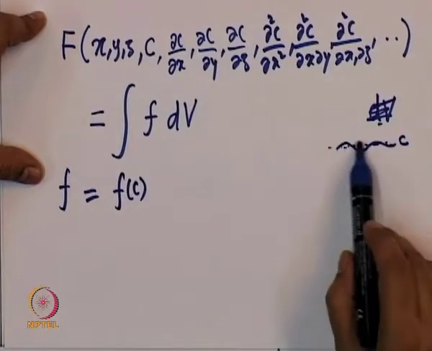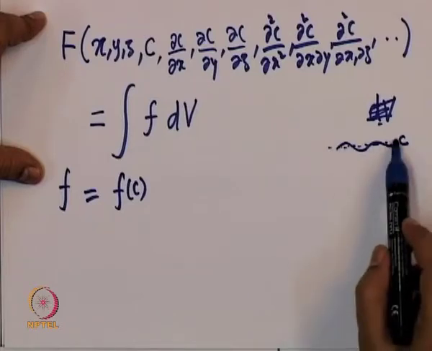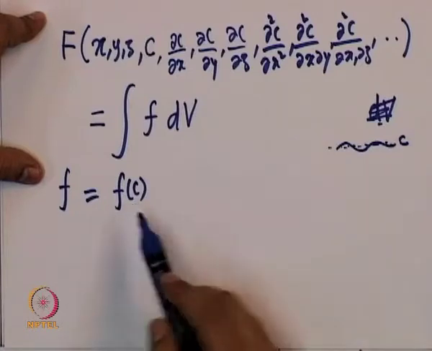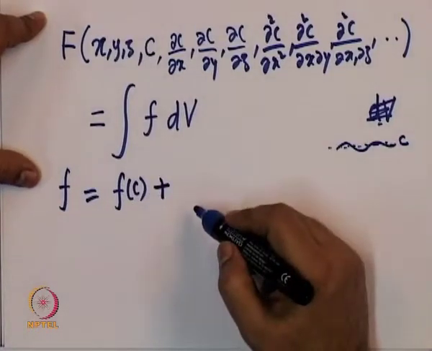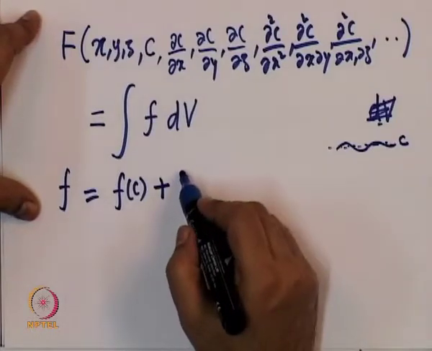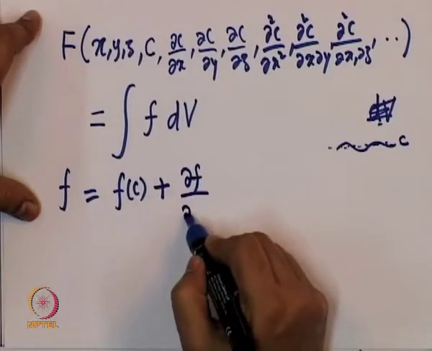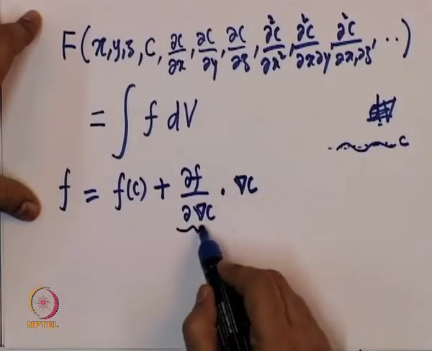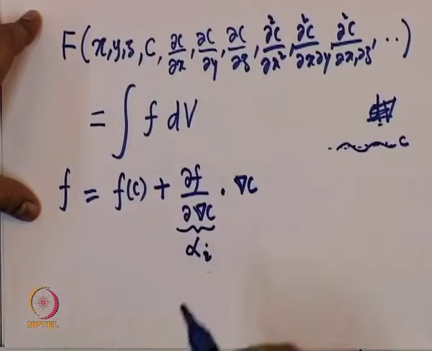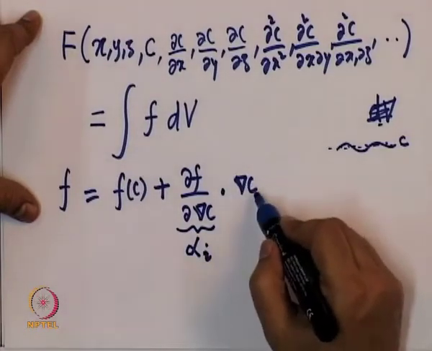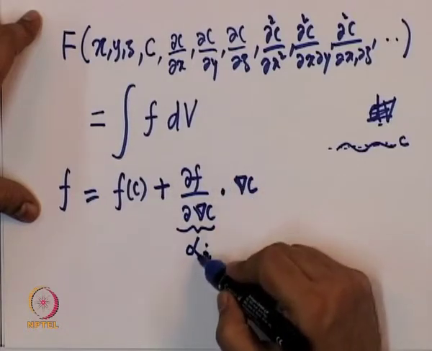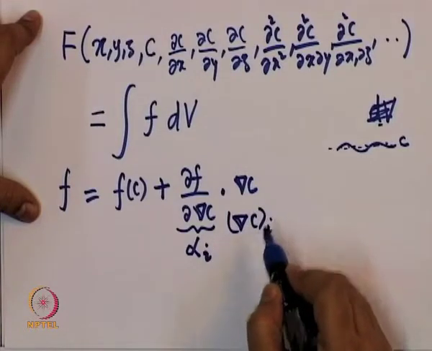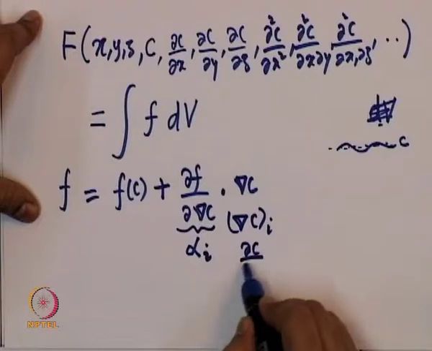So, if there were no composition variations positionally, if you have uniform C composition, what is the free energy? That is the first term, and then I have the Taylor expansion terms. So, the first term is dou F by dou del C dotted with the del C, and this is a first rank tensor. So, let me call it as alpha i. So, to indicate that, because this is now vectorial notation, I will also call this as del C i, meaning that this is dou C by dou x i.